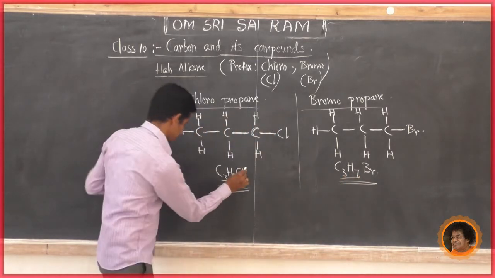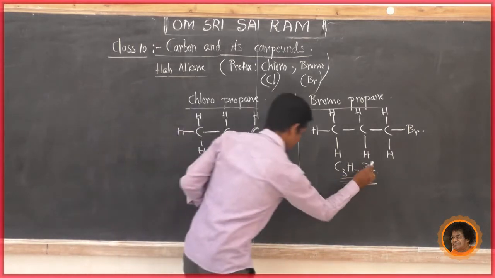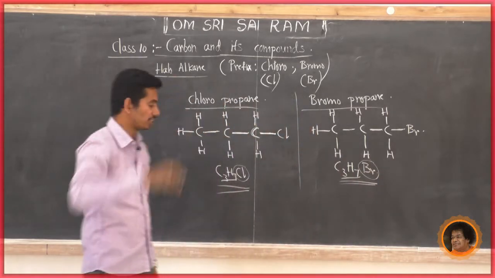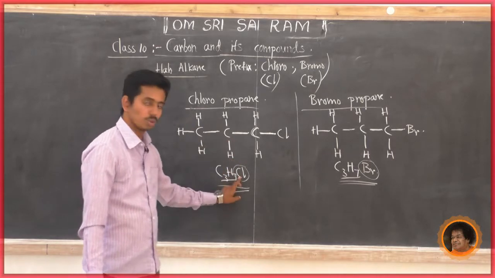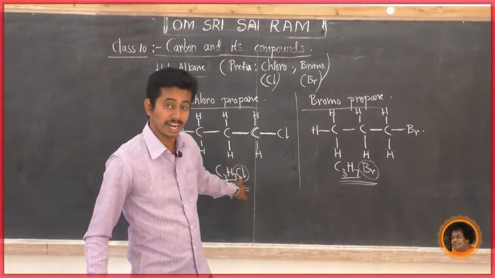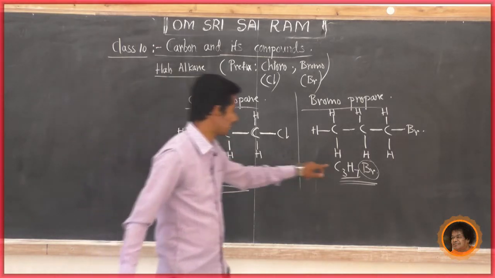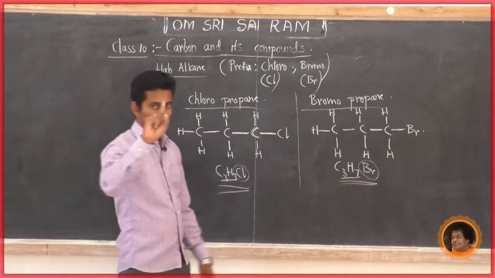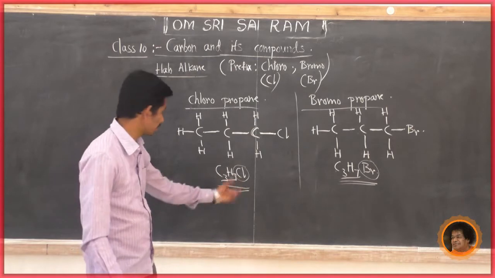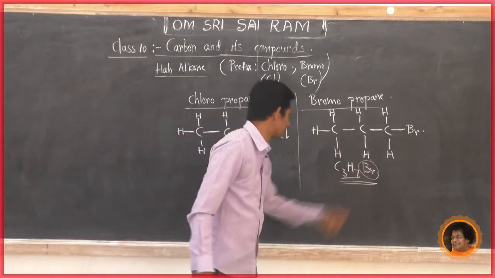Both are the same except that one has Cl and the other has Br. In one, carbon, hydrogen and chlorine are present, but in the other, carbon, hydrogen and bromine. They are different because of the chlorine and the bromine.